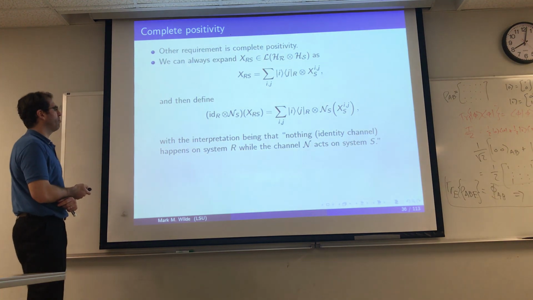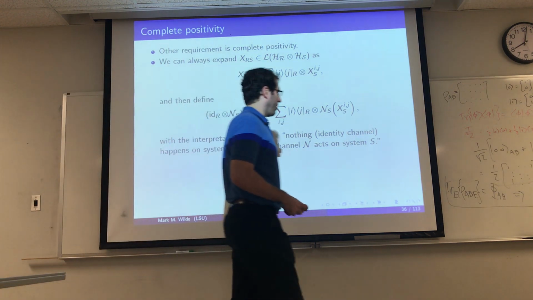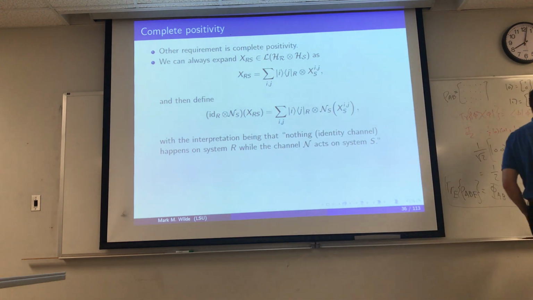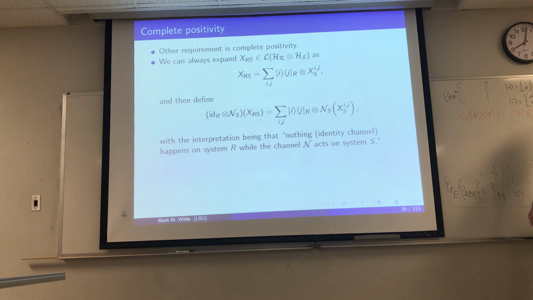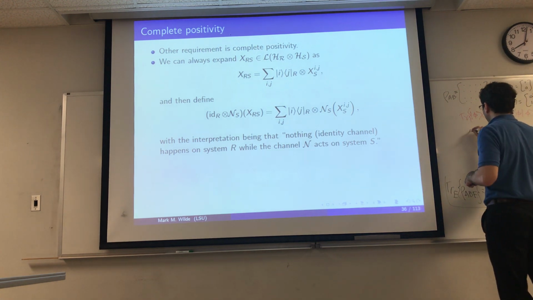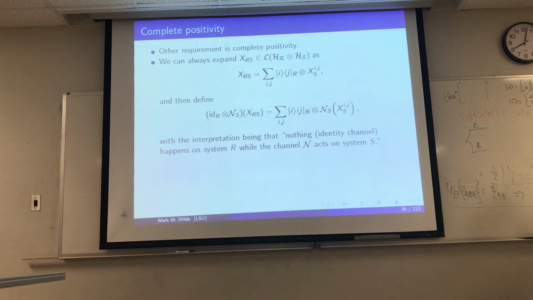There's a notion called complete positivity. I will just describe this with a diagram. So I'm going to draw an entangled state like this. Here's a reference system, here's Alice's system. This is meant to denote that there are particles that have to interact at some point in time, and then they go over quantum communication channels, and then Bob has one, Alice has the other.